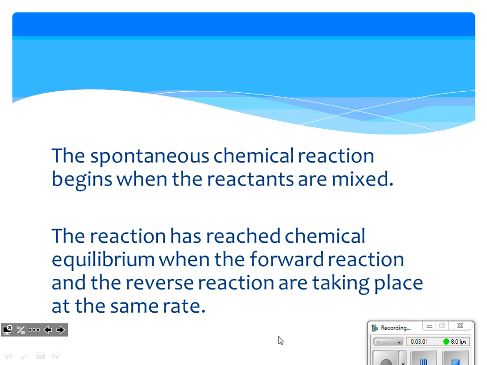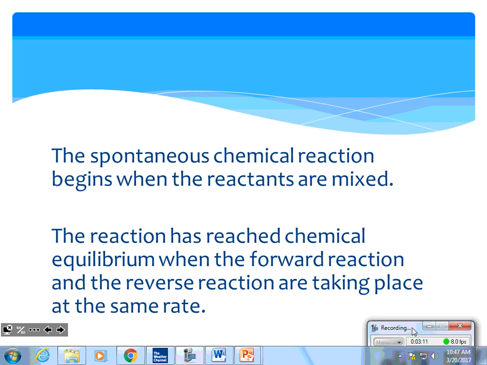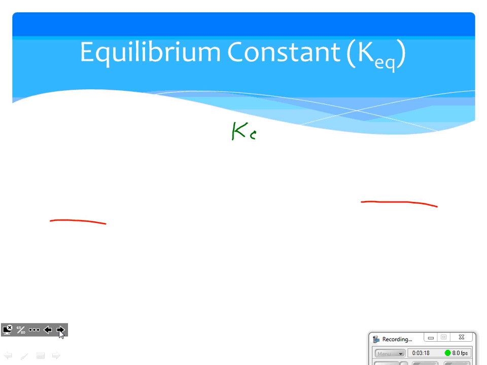When the rate of the reverse reaction equals the rate of the forward reaction, we have what we call chemical equilibrium. So we have reached equilibrium when the two rates, the rate of the forward and the rate of the reverse reaction, are the same.